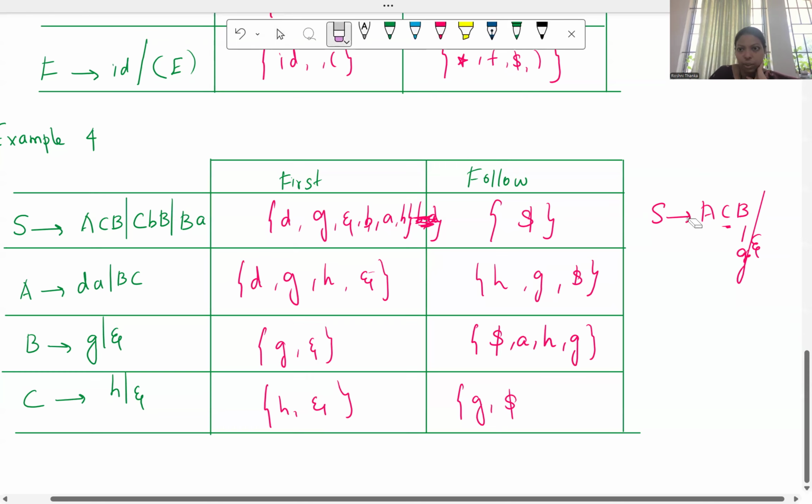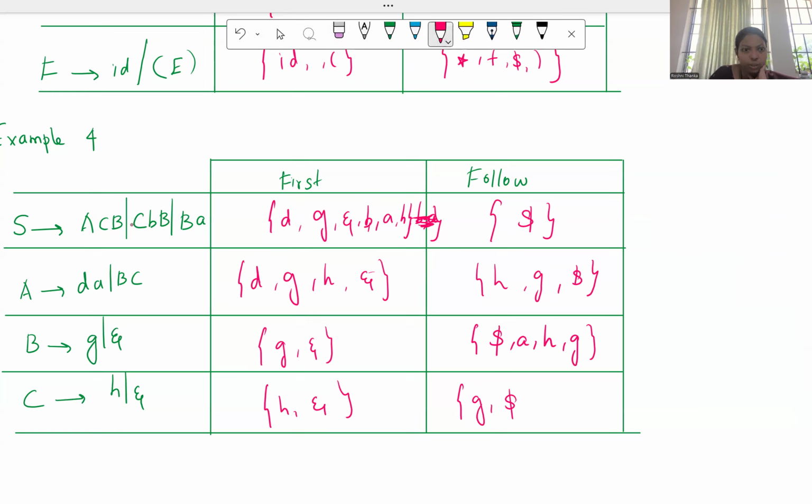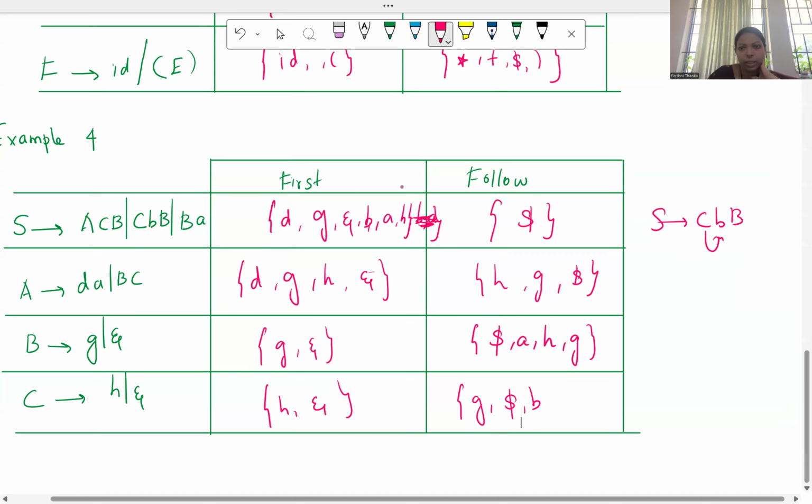Let us take the next production which has C in the right hand side. The next production which has C is this one. So let me write S derives C and B. Who is following C? That is small b. Small b is a terminal, so directly I can write it. No issues in that. Now let us see anywhere else C is there. Here C is there.